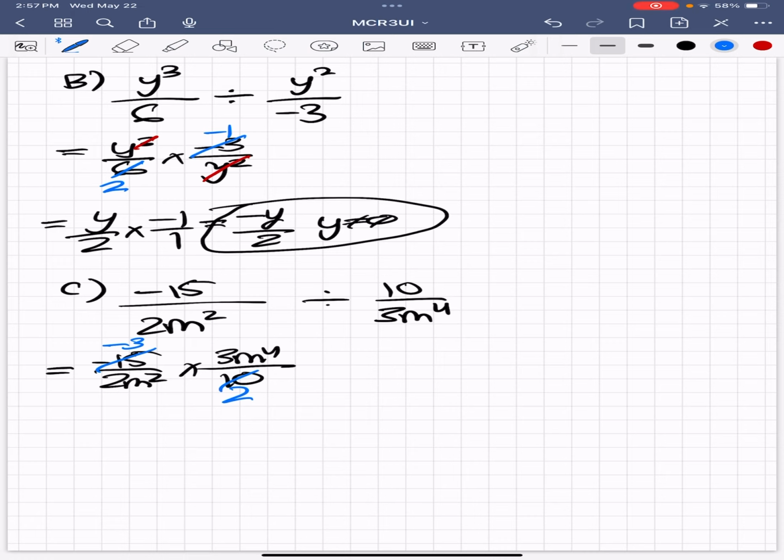There's not much I can do with that. They're not cancelable. But I do have m to the power of 2, which I can cross out, and then I cross out this 4, and then I'm left with 2. So let's see what we're left with. Negative 3 over 2 times 3m to the power of 2 over 2. So I'm left with negative 9m squared over 4.